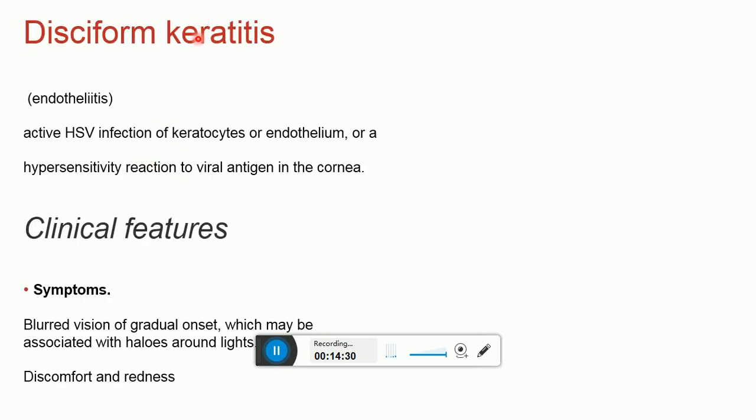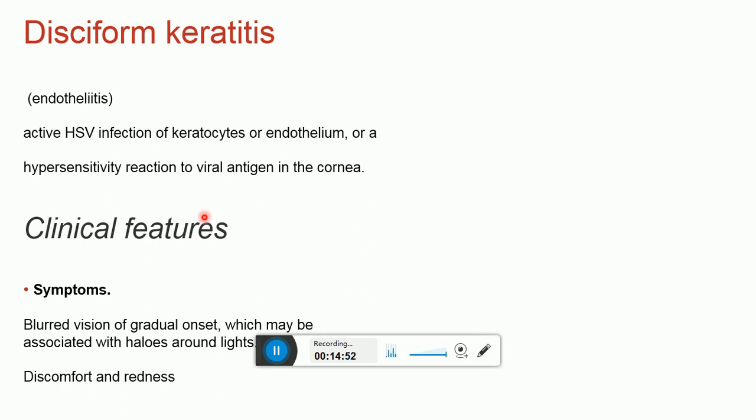Disciform keratitis. The etiology of disciform keratitis, also known as endothelitis, is unclear. It may be the result of active HSV infection of keratocytes or endothelium, or a hypersensitivity reaction to viral antigen in the cornea.